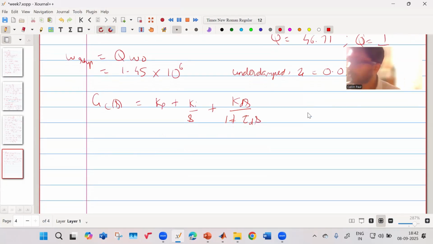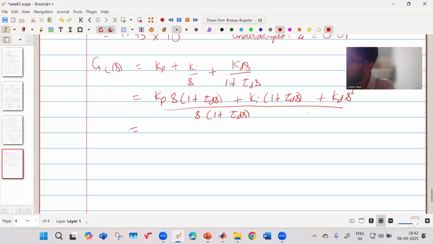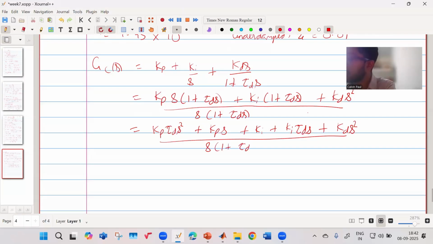So we'll simplify this. So you will get Kp into s into (1 plus tau d s) plus Ki into (1 plus tau d s) plus Kd into s square, upon s into (1 plus tau d s). So that when you open it, it becomes Kp tau d s square plus Kp s plus Ki plus Ki tau d s plus Kd s square upon s into (1 plus tau d s).